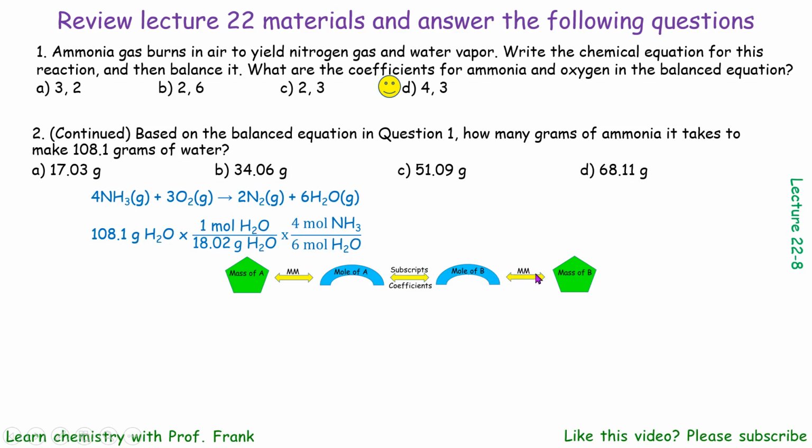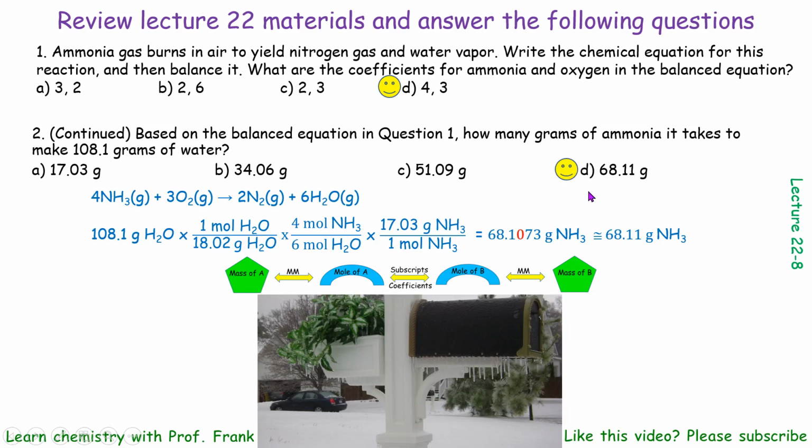And we can use the molar mass of ammonia to convert from moles of ammonia, they are cancelled. And now we should have grams of ammonia as the unit for the answer after taking care of the sig figs. D should be the correct answer.